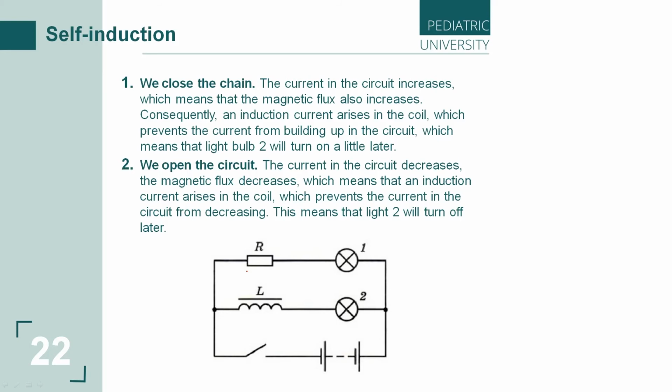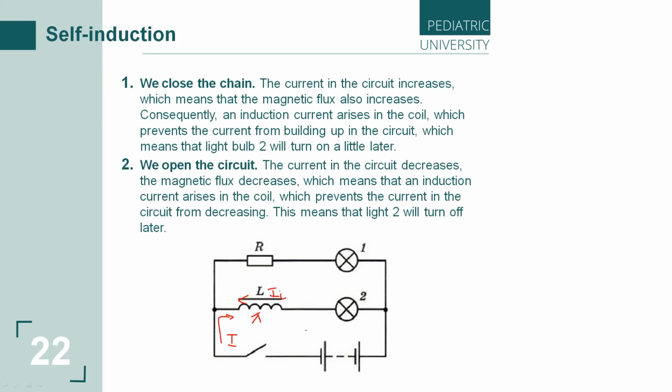Therefore, an induction current arises in this coil, which prevents the current from building up in the circuit. Electromagnetic induction: the current in the circuit has one direction, and in the coil we have the opposite direction of induction current.